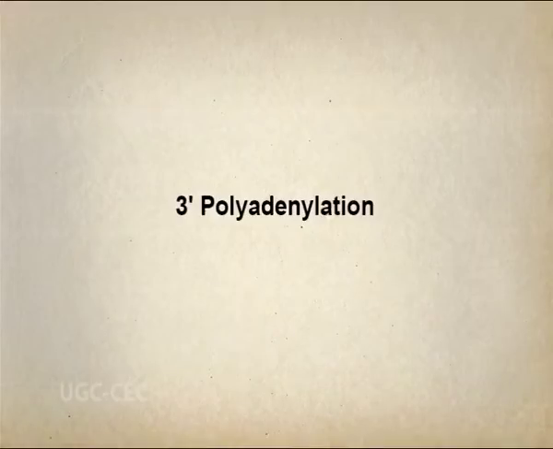In the next process of mRNA processing, we will discuss 3' polyadenylation. As the RNA polymerase II during transcription reaches the end of the gene, two proteins called cleavage and polyadenylation specificity factor, CPSF, and cleavage stimulation factor, CSTF, recognize the poly-A signal transcribed on the pre-mRNA.